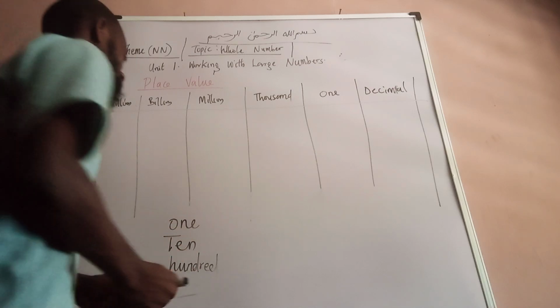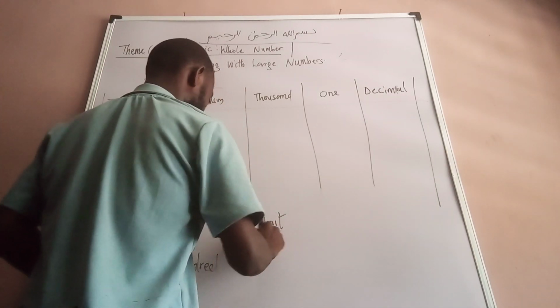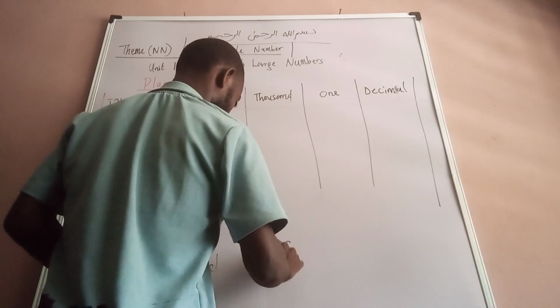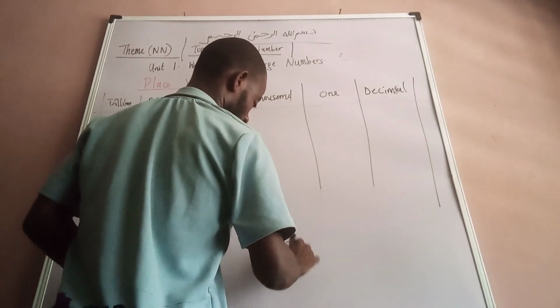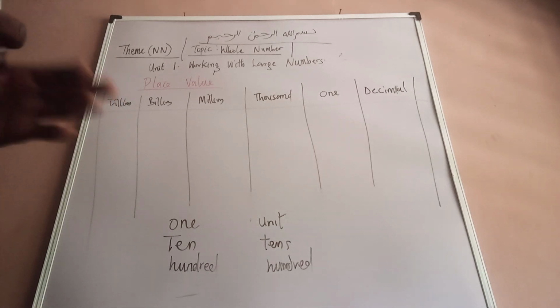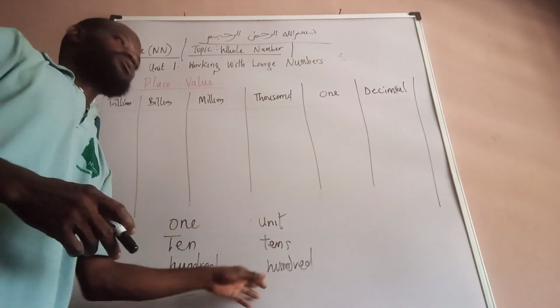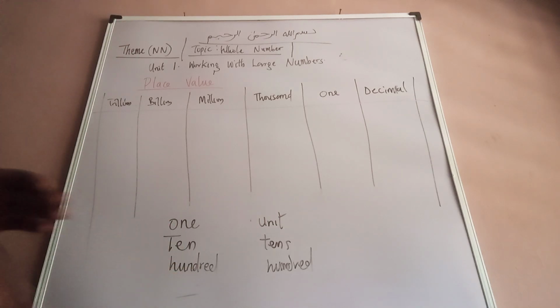In some places you see they call it units, tens, and hundreds. Are you with me? So either you call it 1, 10, and 100, or units, tens, and hundreds. No problem. All well and good.